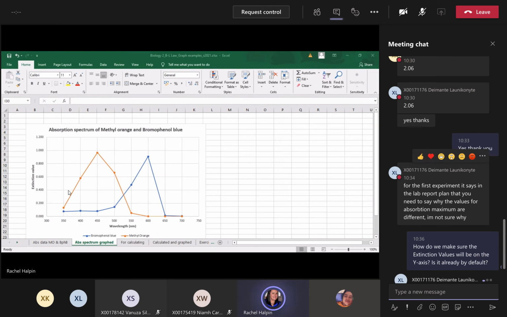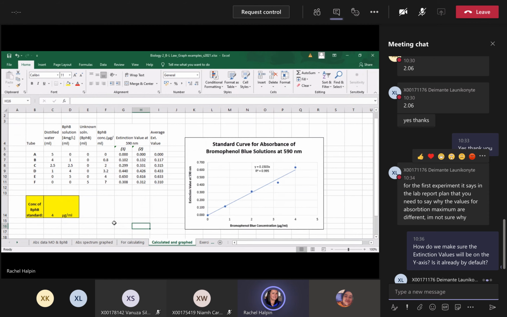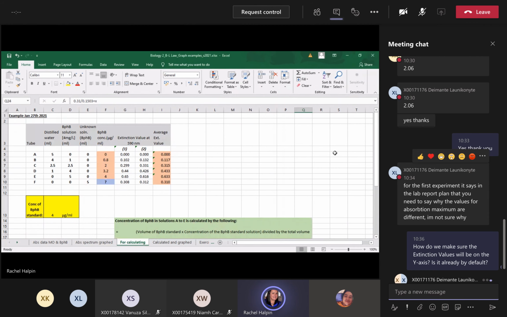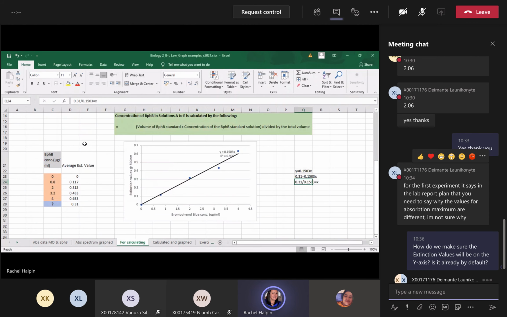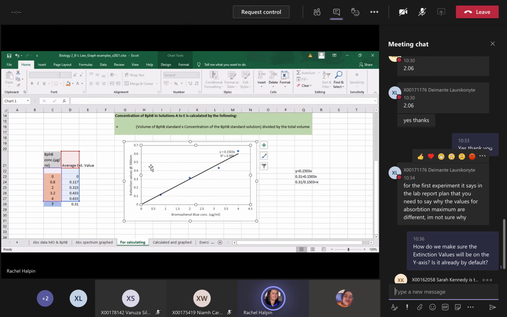No, if it's not on the y-axis, Sean, the best way to do that is, see the way I have put the bromophenol blue on the left and the average extinction values on the right. So when I plot the graph, that's the way it goes. If it doesn't turn out like that, switch the order of the columns.